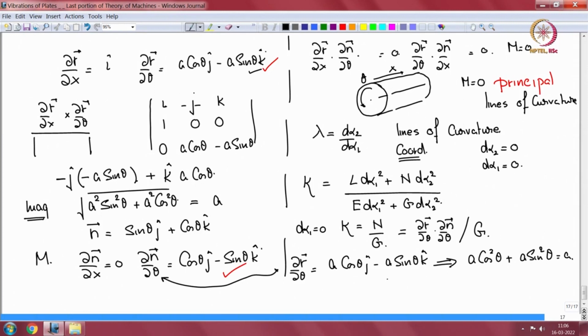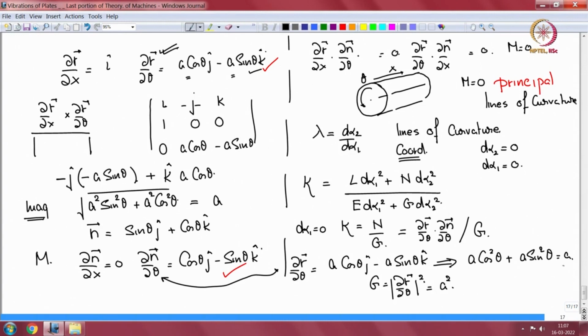Why is that? Because G is equal to del r by del theta magnitude squared. So the magnitude is the root of a square cos square theta plus a square sin square theta, which is a, and squared, a squared. You dot it with itself, it's a squared.